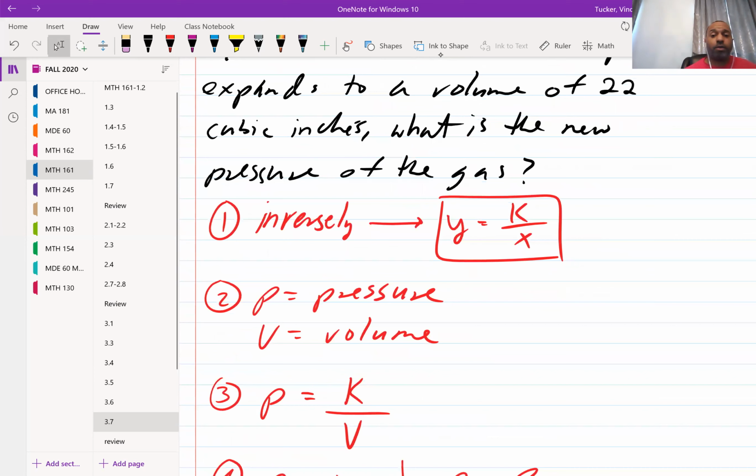All right, you see our third step, we go ahead and plug in the variables that we're using in place of Y and X. Notice K is still a part of the equation.